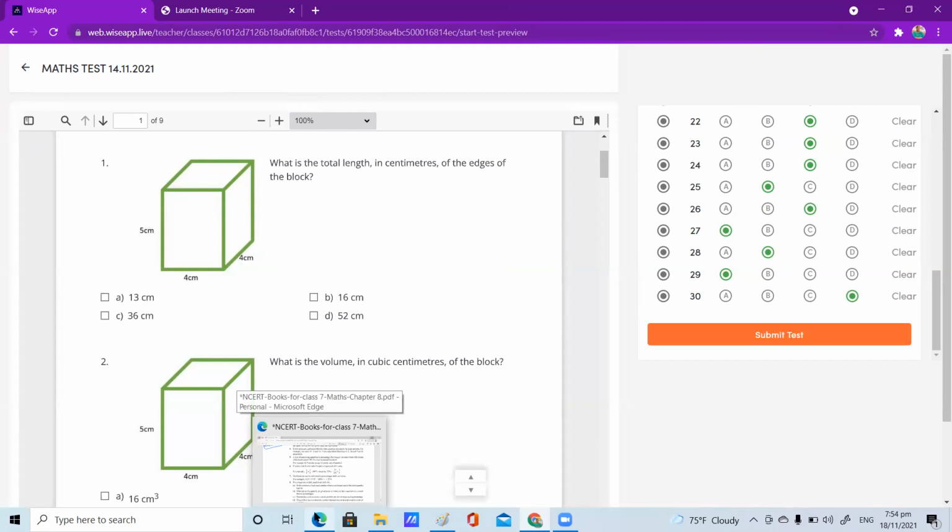Suppose you are doing a worksheet fast, you will complete the worksheet fast. If you are increasing the speed of doing it, you are finishing in less time also.